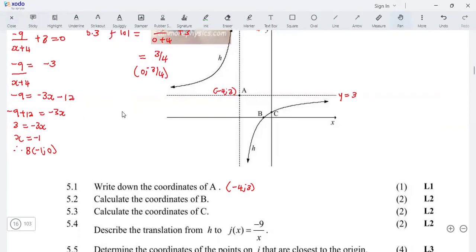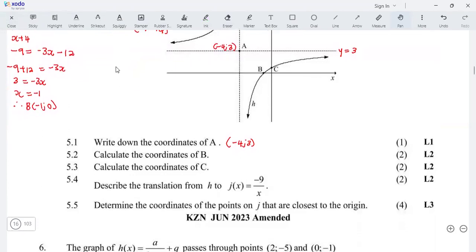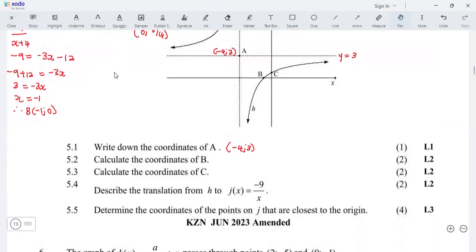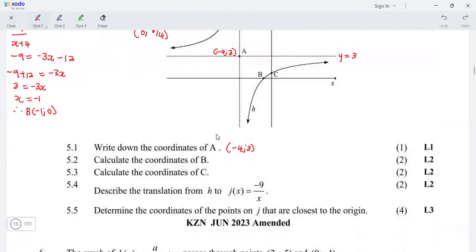The next question says, describe the transformation from h to j(x), which is equal to -9 over x. Now, what does it mean? We started with h(x), which was -9 over (x + 4), plus 3. So now what happened?